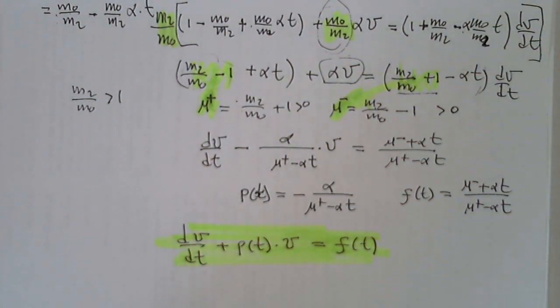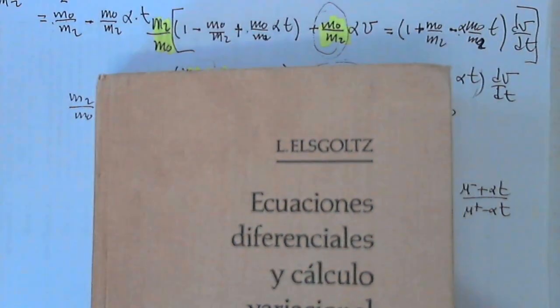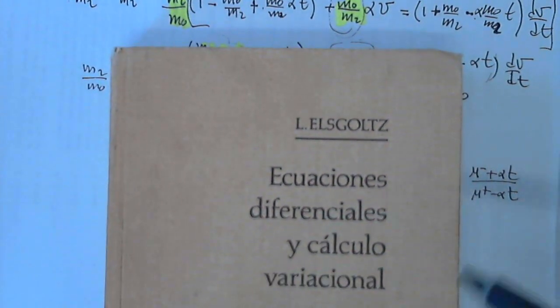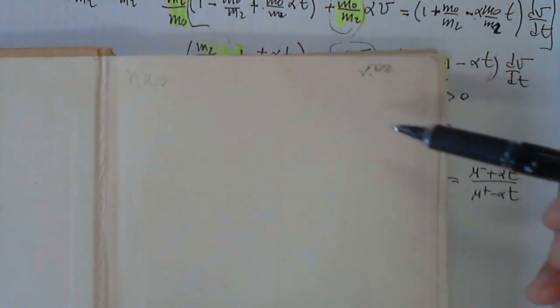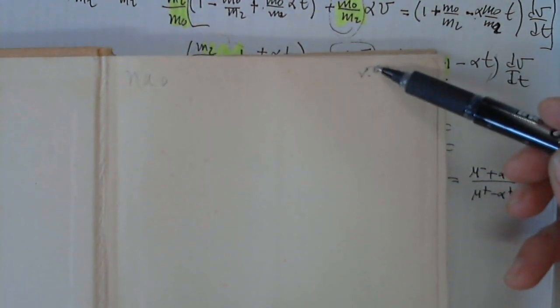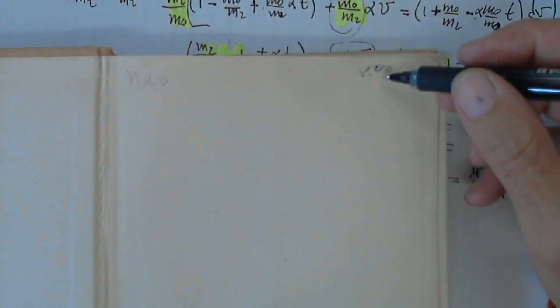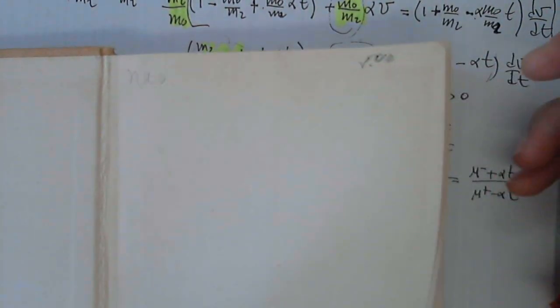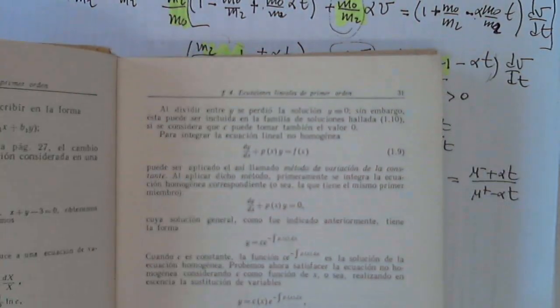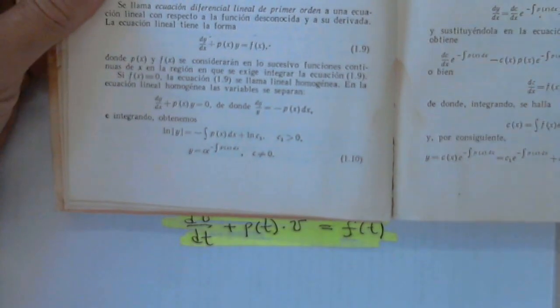This is my textbook for differential equations and variational calculus. I bought it for 5 pesos when 25 pesos was $1, so this cost me 20 cents, and I cannot find a problem that I cannot find the solution to in this book. And this one is right here.